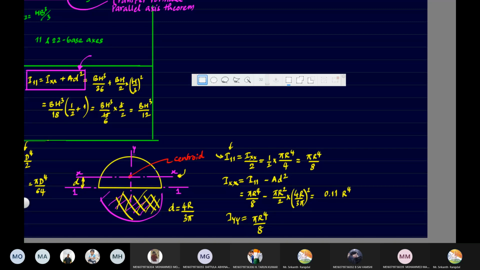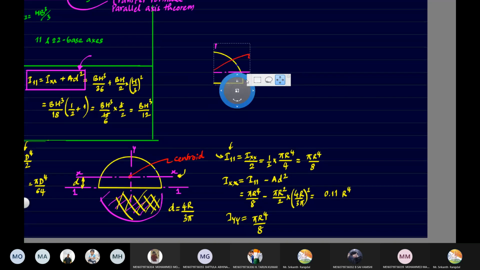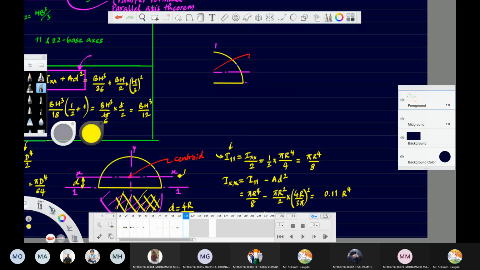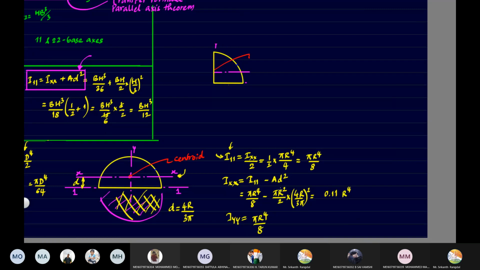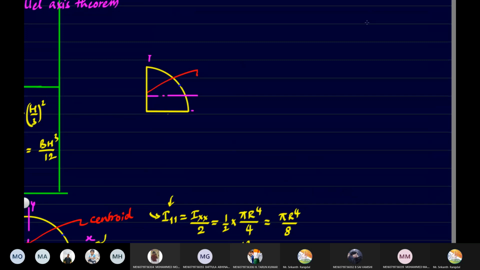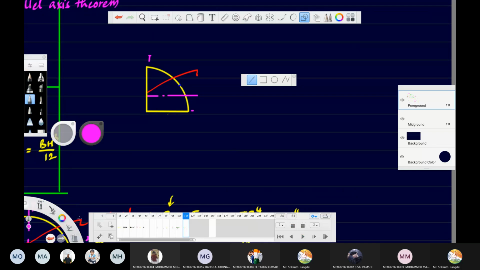Next, let's take up this. Okay. What's this? What about this? So where is the centroid?